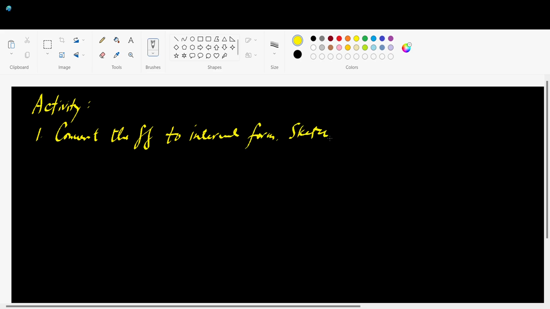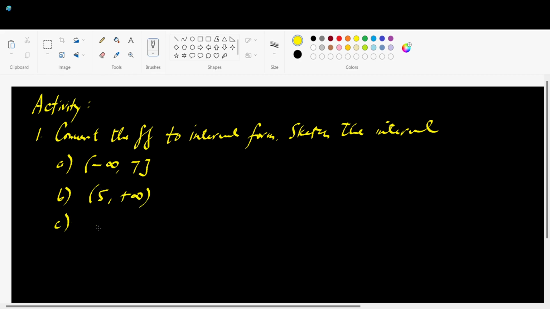Then sketch the interval. Negative infinity to 7. 5 to positive infinity. Negative 3 to positive 3, closed at both ends. And negative infinity to negative 1, open at both ends.